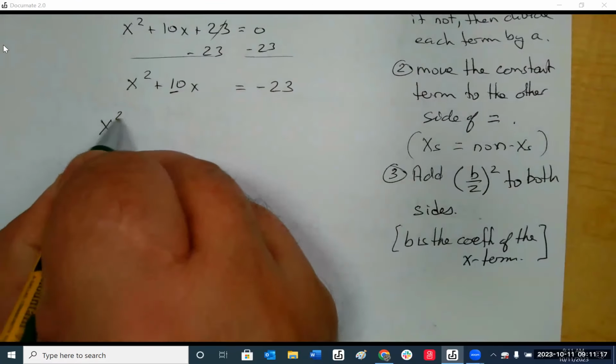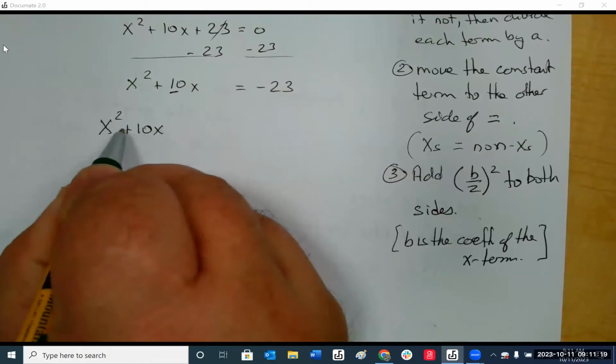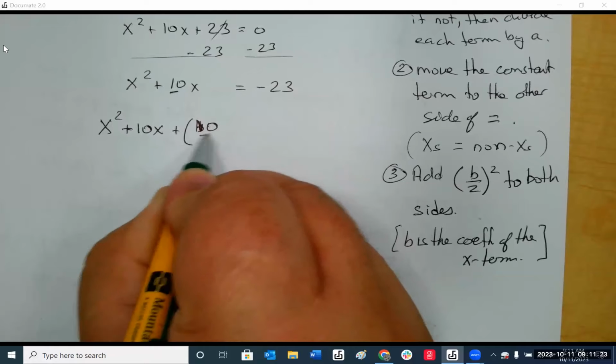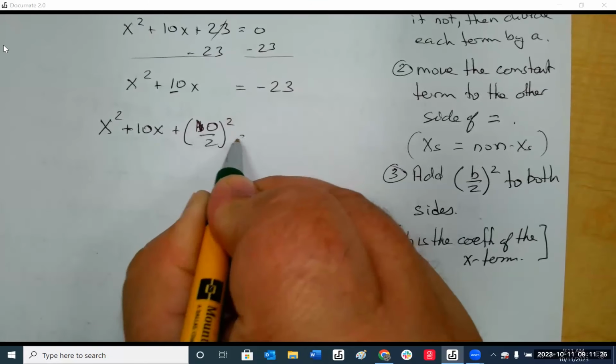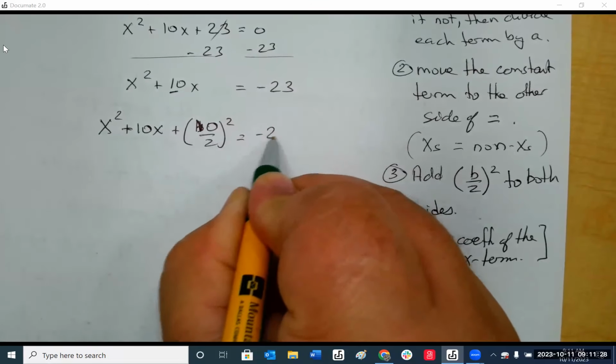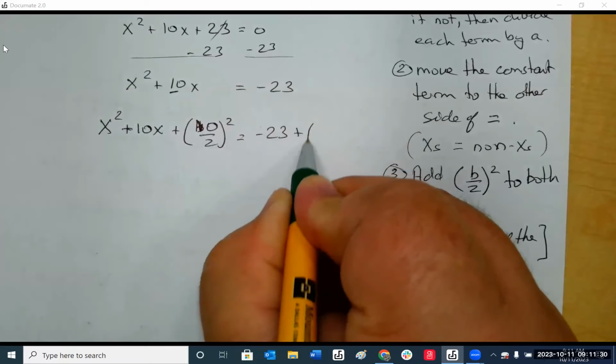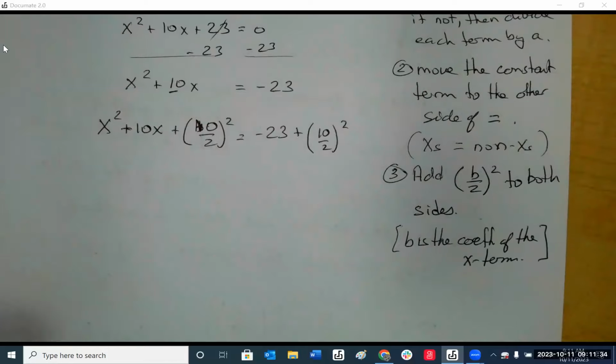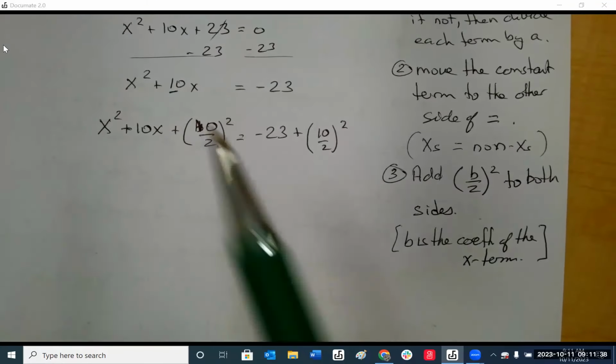So we're going to add 10 over 2 squared to both sides. The reason it doesn't matter about the signs is because when you square it, it's going to be positive anyway.